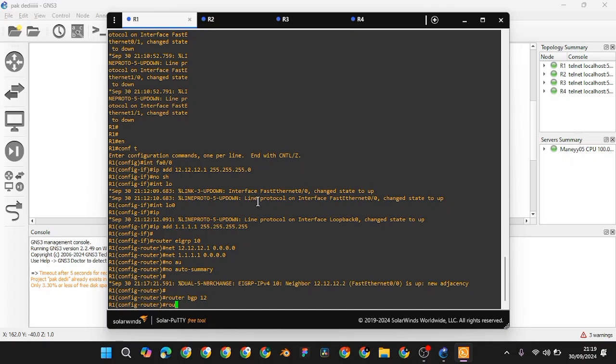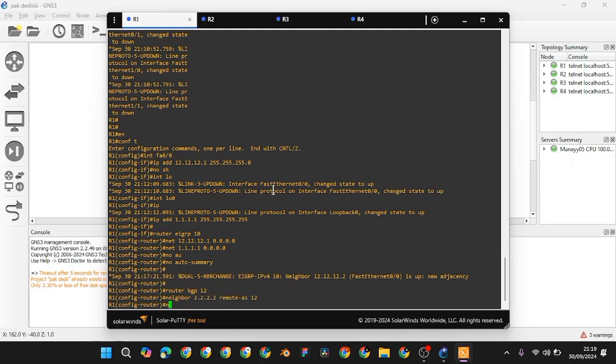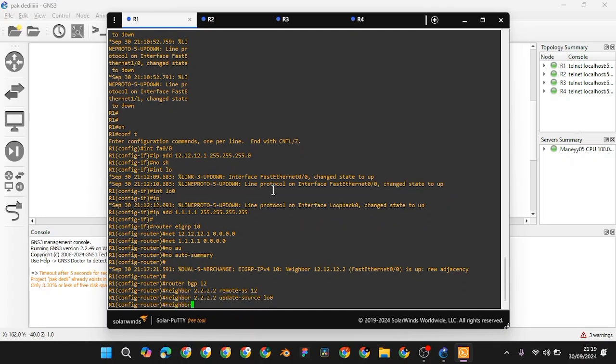Router BGP 12. This configuration is long because I put the BGP route reflector on the first router, so let's check it out. Router BGP 12, there is a neighbor 2.2.2.2, and the first command is remote-as 12.